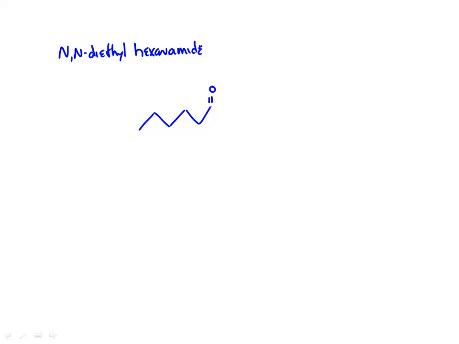Then I draw my amide group, right? Then I say, oh, I've got 2 ethyls on it. And so start backwards when you're drawing them, and that might help you figure out where the ends are.